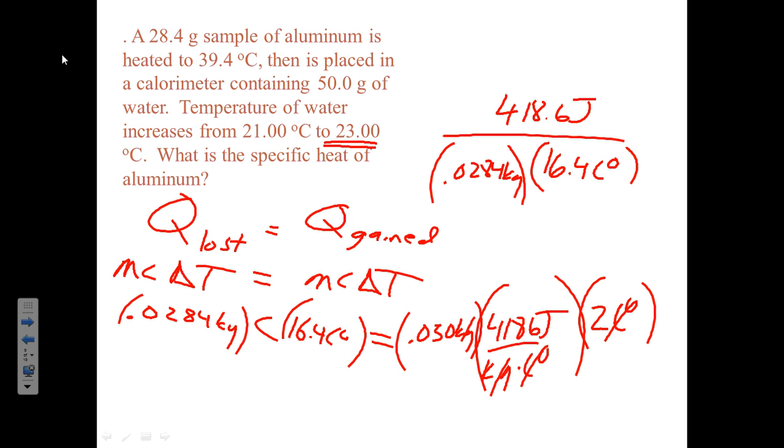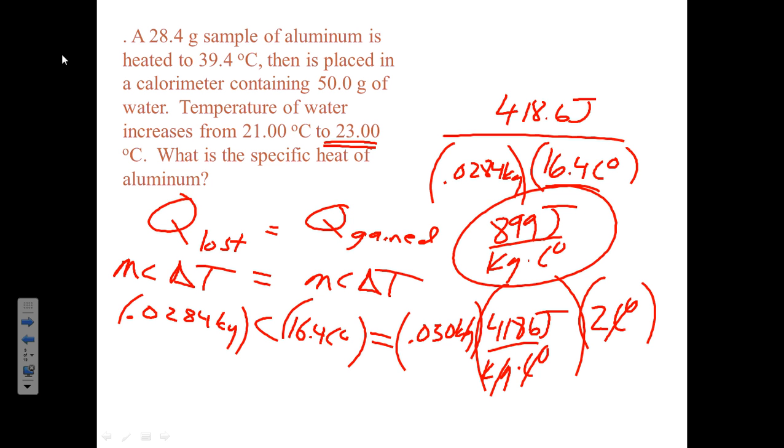And that puts you in joules. Yep. So my answer is pretty close to what we cheated and looked up. My answer is telling me 899 joules per kilogram times Celsius degree.